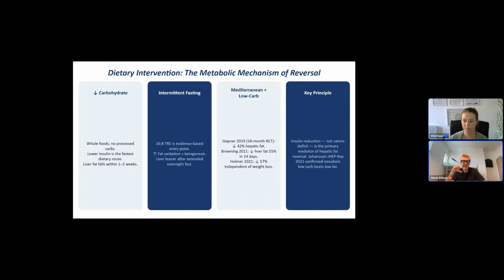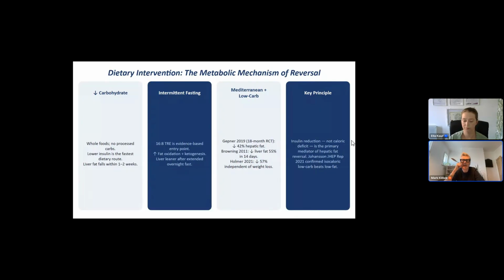And also when we have time restricted feeding or intermittent fasting, this amplifies the benefit. So a 16-8 eating window extends the overnight insulin trough and promotes a daily period of fat oxidation and ketogenesis. So it gives the liver a regular opportunity to clear that accumulated fat. So liver fat falls measurably in the presence of that.